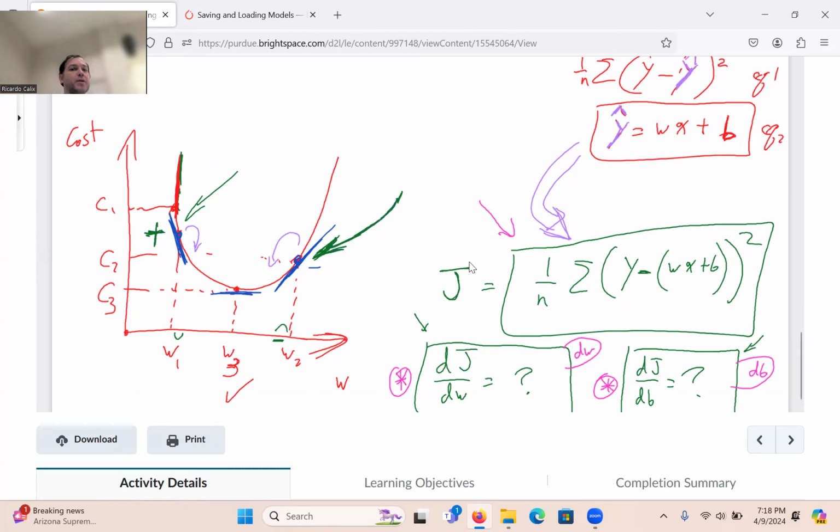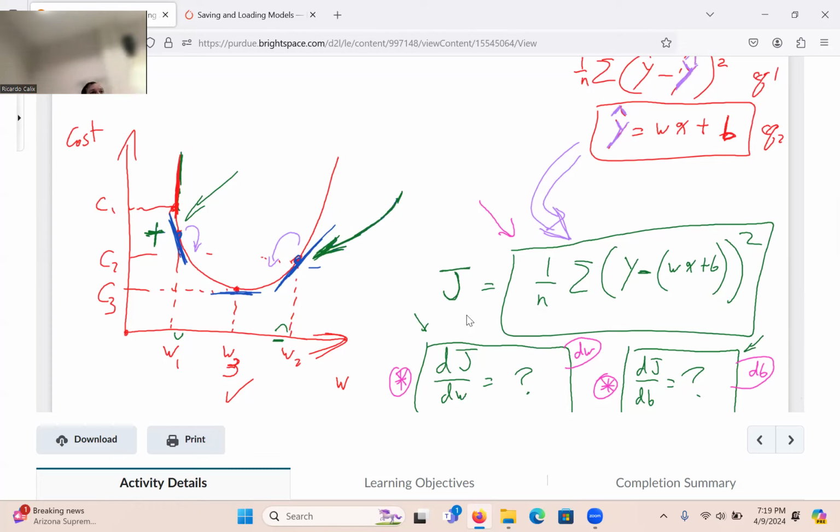So now, forget about what is over here and just think of J as a function. If J was equal to x squared, then the derivative of it is 2x. This J is not that, but believe me, there is a derivative for this function, just like for x squared.